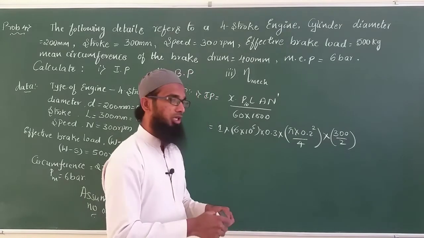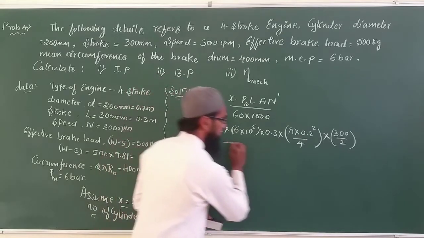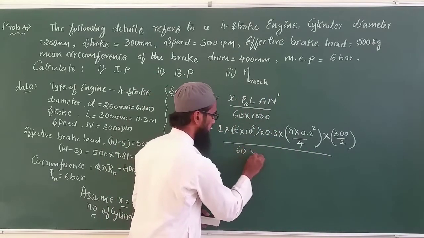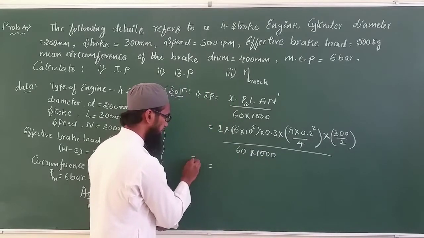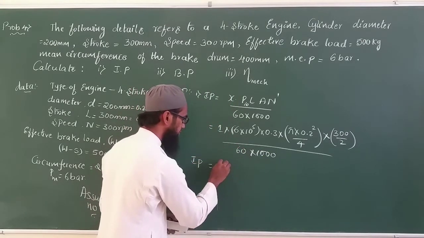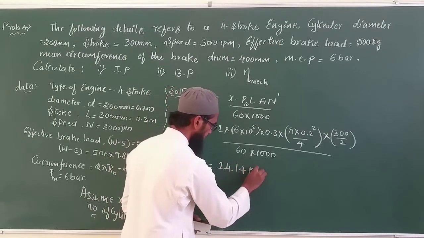For the 4-stroke engine N dash is half of the given speed, by 60 into 1000. Now we simplify, and the indicated power I get after simplification is 14.14 kilowatts.